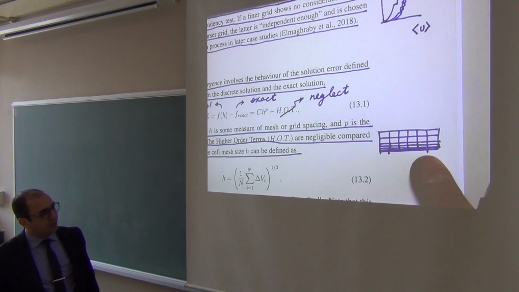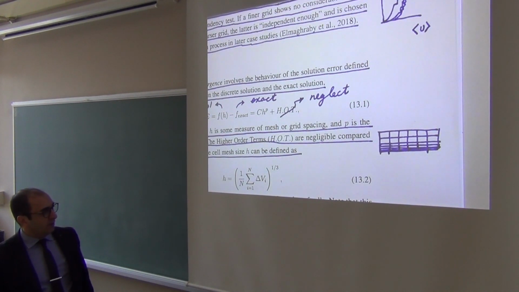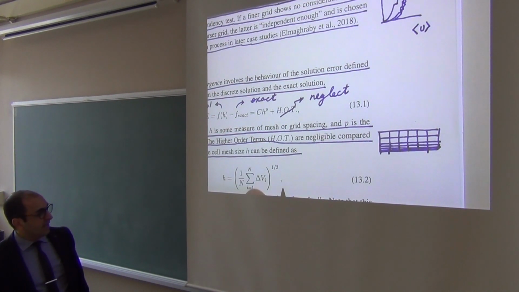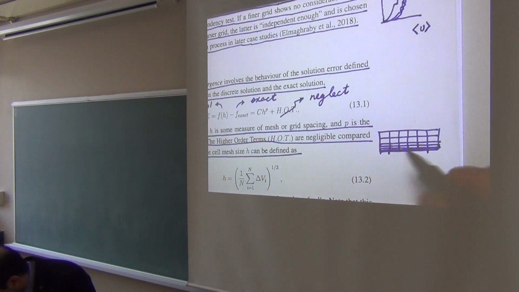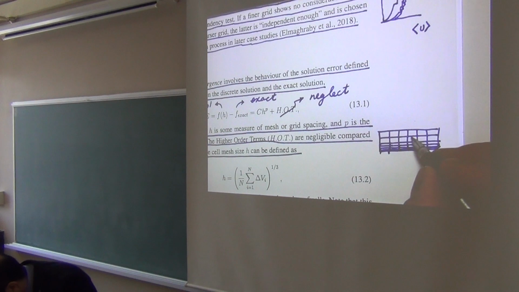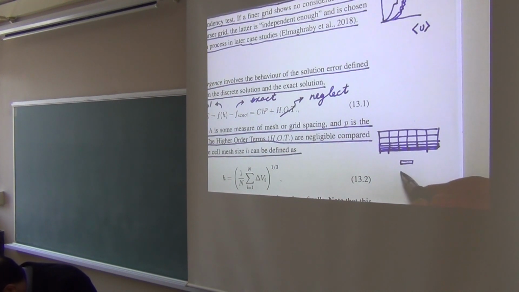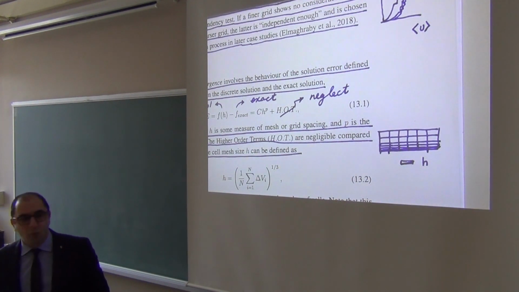You can get the representative mesh size by summing all the volumes, finding an average, and then taking the cubic root. So for this mesh, it's neither as big as that cell nor as small as that cell, but kind of in between. So that's h, representative of the whole thing.